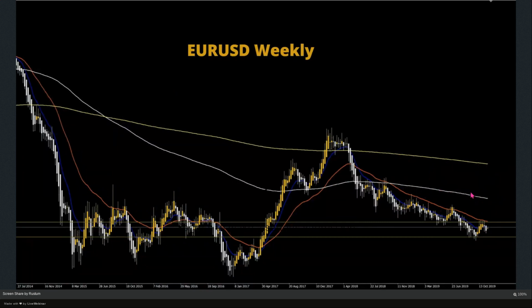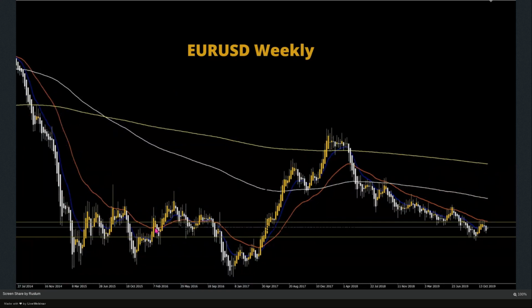But the other nice thing that the weekly chart gives us, just by glancing at it, is that when we see the moving averages on the left here, they are spread apart and fanned out, especially our 12 EMA and our 36 period moving average. If it's spread apart like this, then this is showing us a trending market.